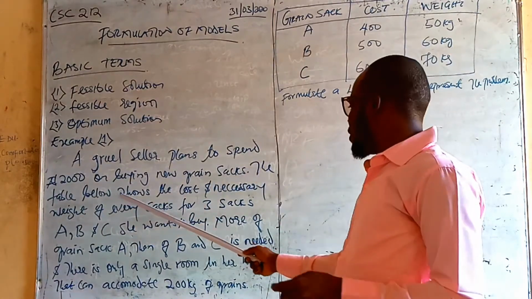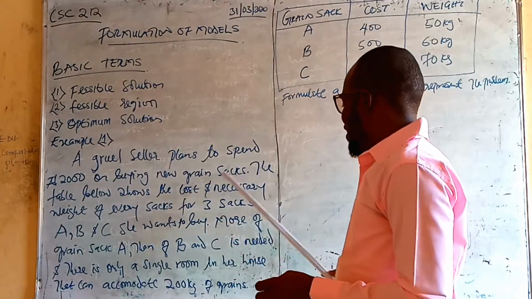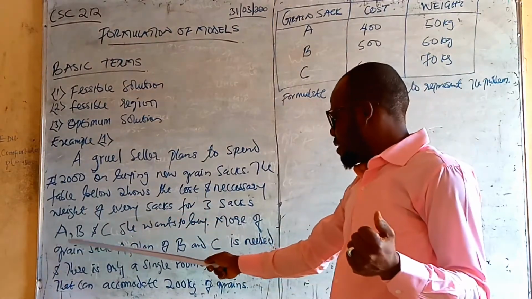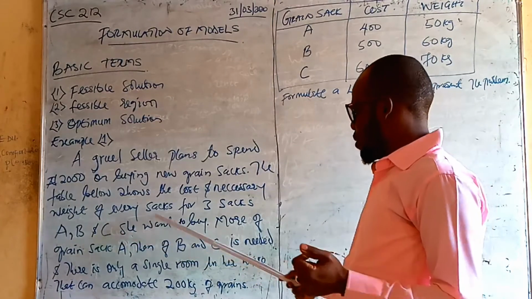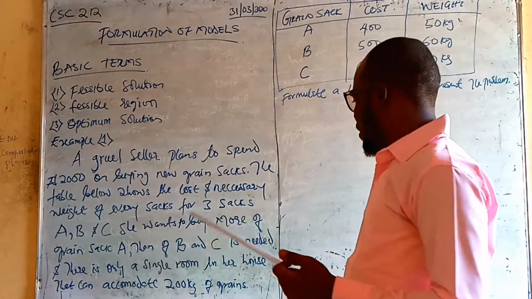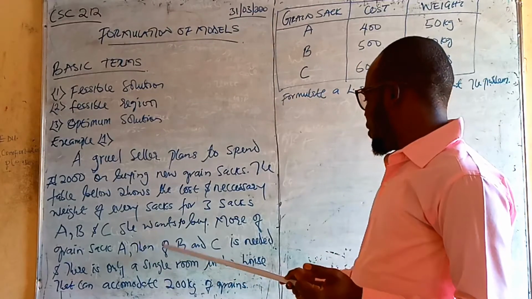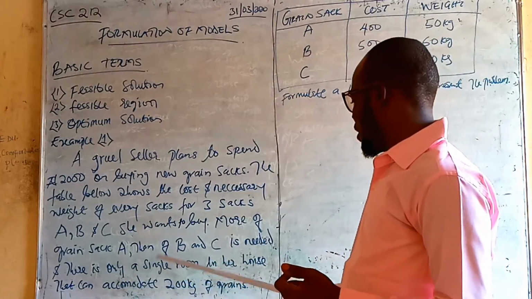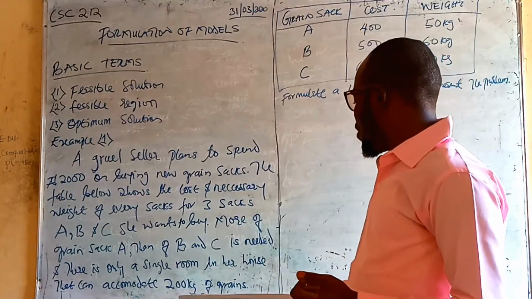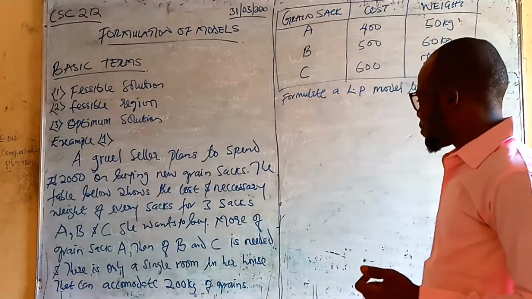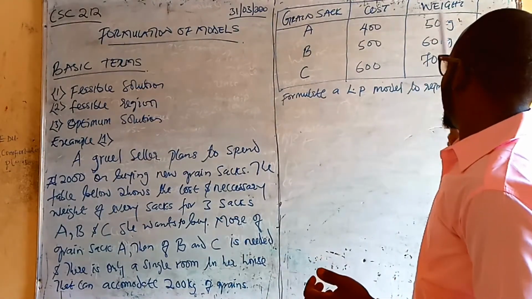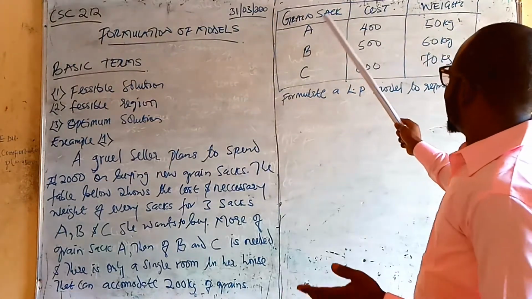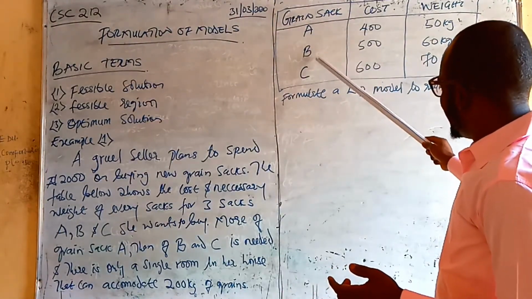The table below shows the cost and necessary weight for each of the 3 sacks A, B, and C she wants to buy. Then more of grain sacks A than of B and C is needed, and there is only a single room in her house that can accommodate 200 kilograms of grains. This is the problem given, and this is the table, with grain sacks A, B, and C.